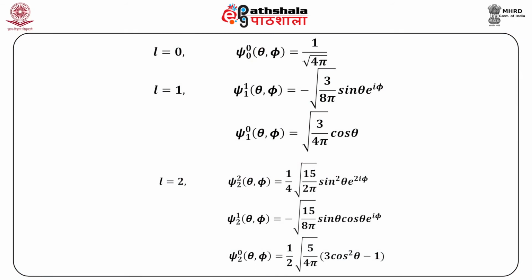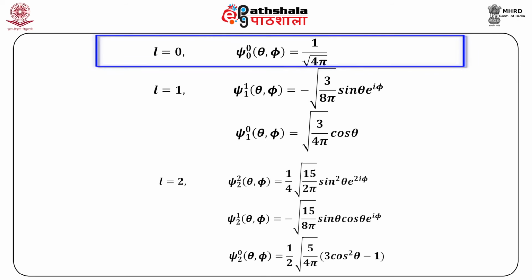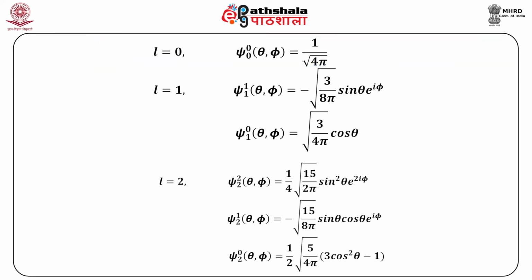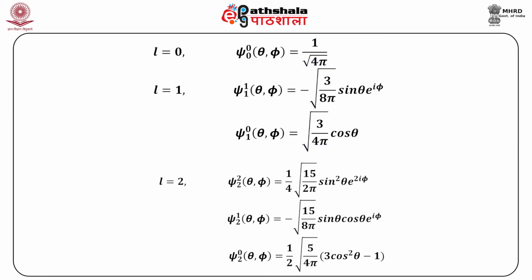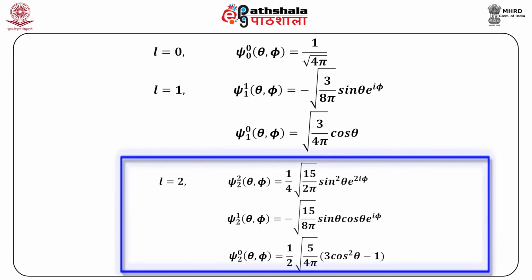Some of the wave functions of the rigid rotator for different values of L are given in this table. You can see, first is the wave function for L is equal to 0, and then we have the wave function for L is equal to 1. You can see how it looks. Then we have the wave functions for L is equal to 2.